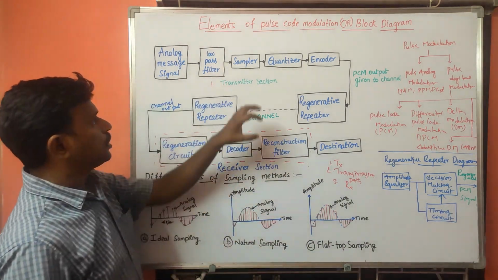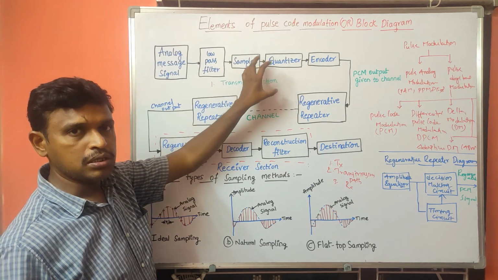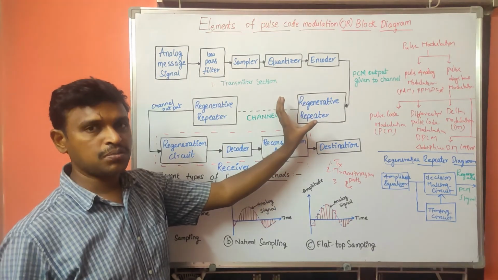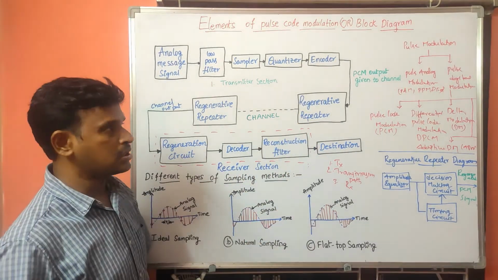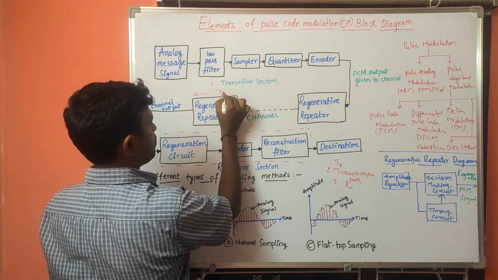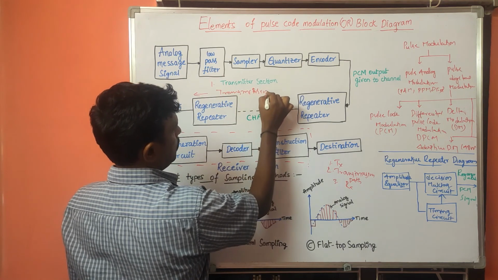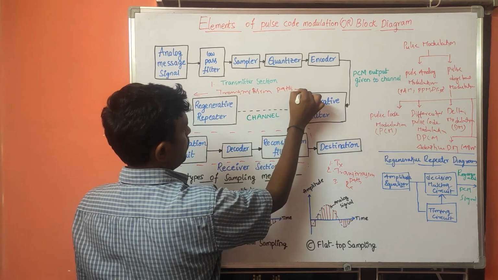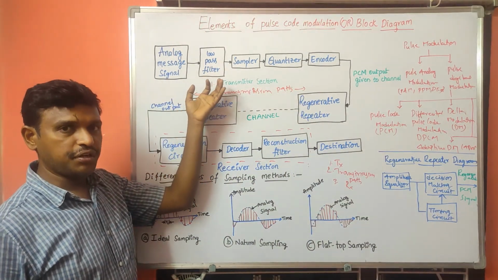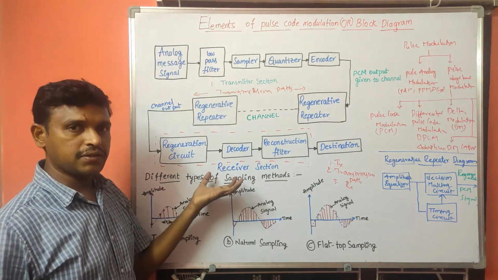This block diagram of PCM can be divided into three parts: the transmitter section, the transmission path, and the receiver section. Here we will see each section individually: the transmitter section, the transmission path, and the receiver section.